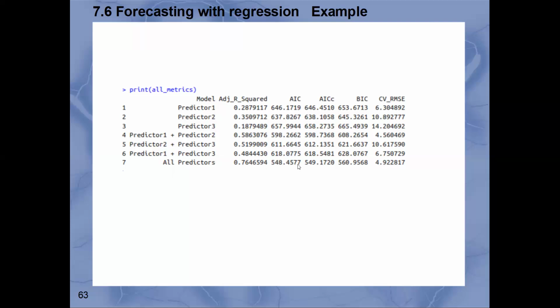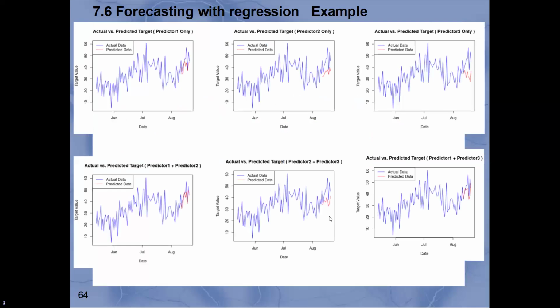However, if we look at AIC and the corrected AIC, they're about the same. And BIC is about 560, and our CRMS comes out to be about 4.9. So from this value, we can see which predictors were actually beneficial with making this happen.